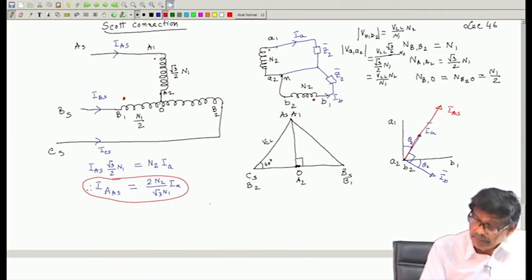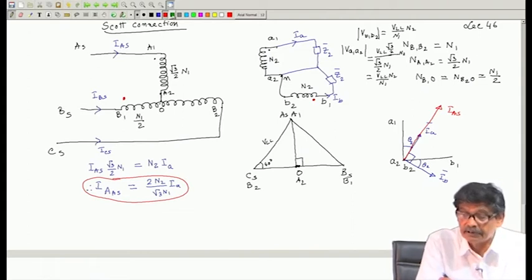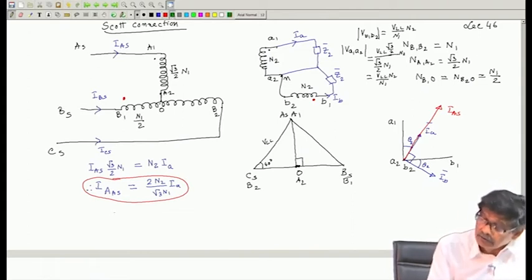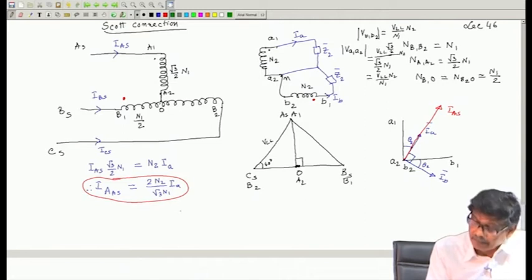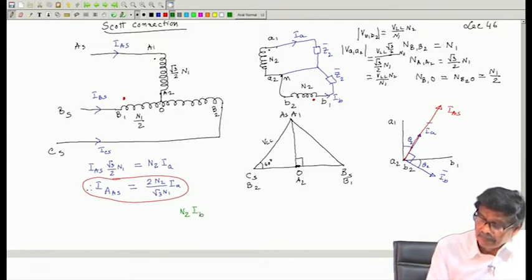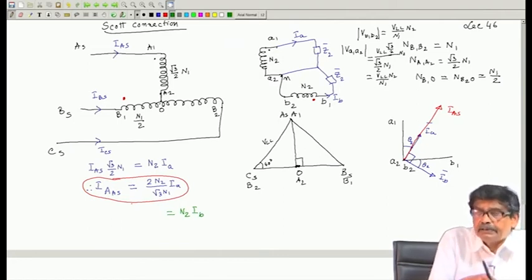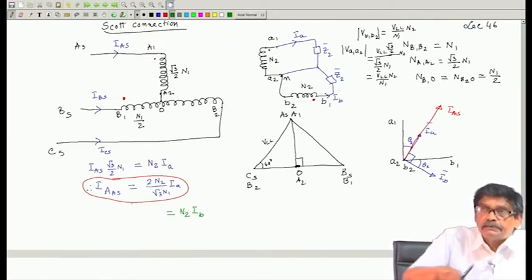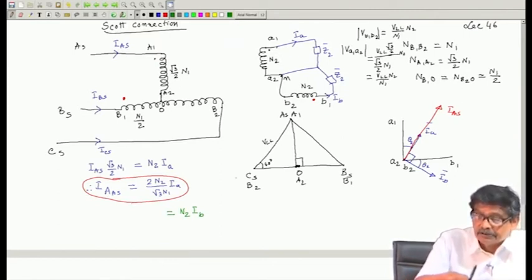Therefore, the MMF, I will use different color for these calculations, will be N2 into I_B, these are phasors, I am not drawing bar over these things. This must be equal to the MMF produced by the primary coil, and I should always take currents going into it through the dot, the same logic.